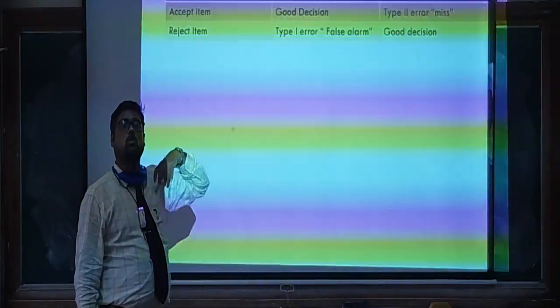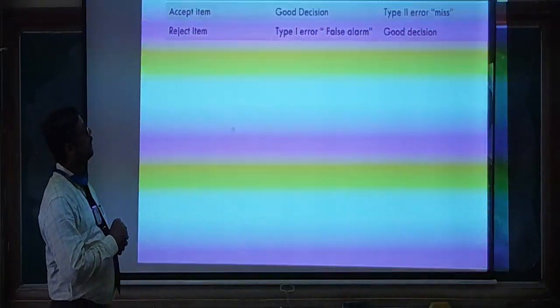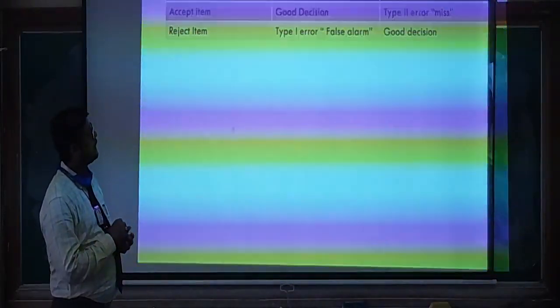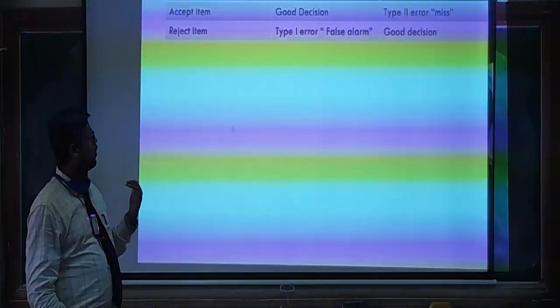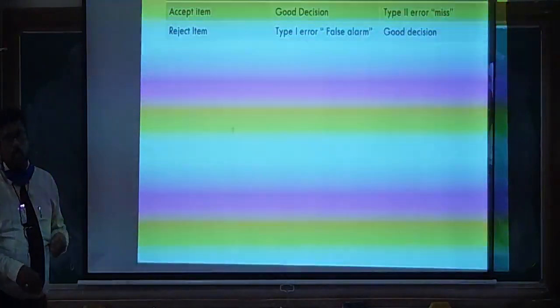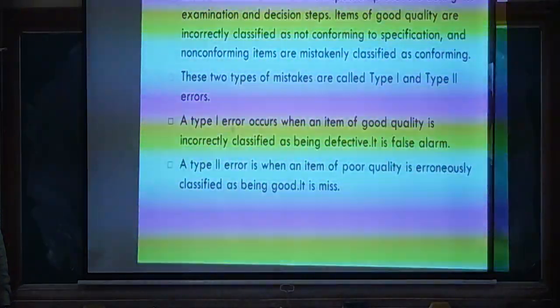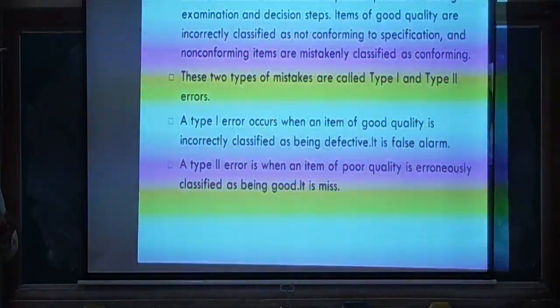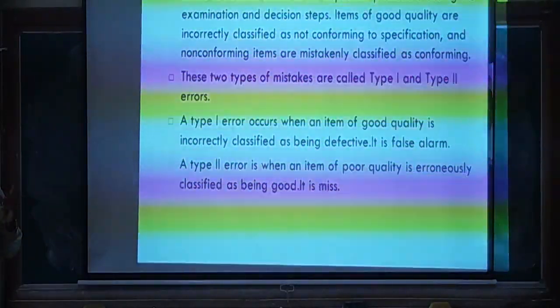If your conforming item is rejected, it is a type 1 error, a false alarm. Type 1 error is what I have explained just now: when an item of good quality is incorrectly classified as being defective.